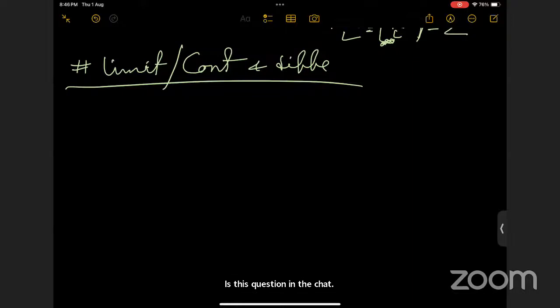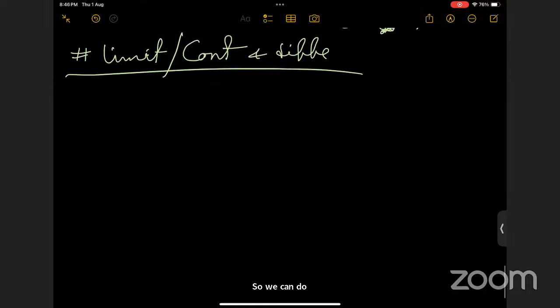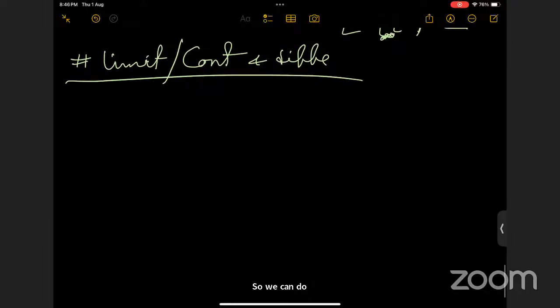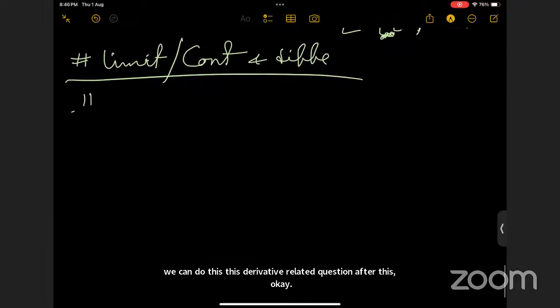This one, if f of x plus y equals f of x times f of y. Okay, so this is a question involving the derivative, I think. So we can do this derivative related question after this. Yeah, sure.